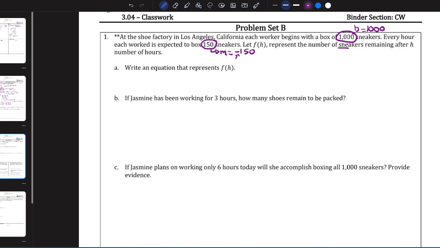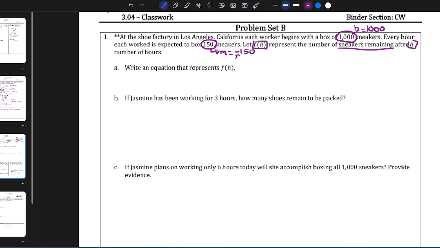We're looking at sneakers remaining. And so if we're keeping the slope positive, we're really putting sneakers back into our starting box, which is just not what this scenario is actually talking about. And so we want to make sure that our slope stays negative, similar to the previous example. Now I have f of h, sneakers remaining, and h hours.